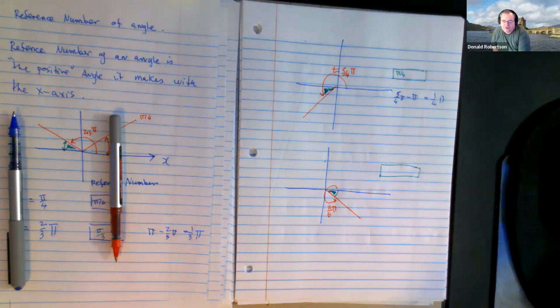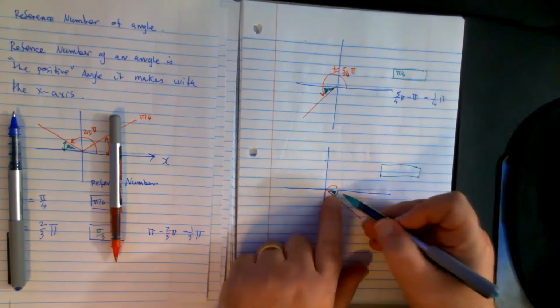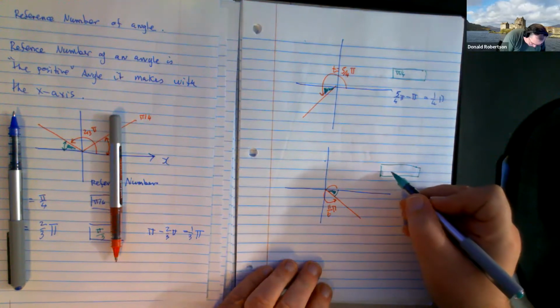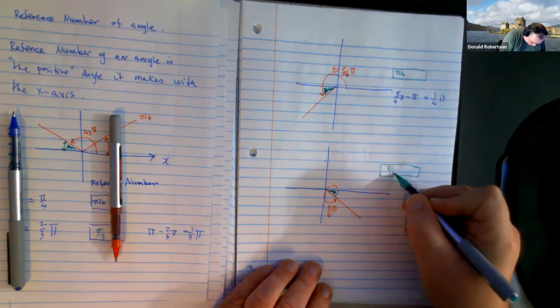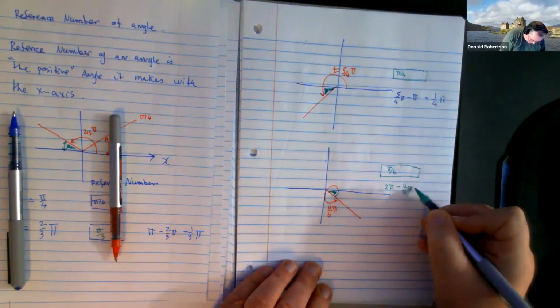Or at least could you tell me the calculation I would do to get it? Anybody got this one? It'd be pi over 6. And to get that one, don't you do 2 pi take away 11/6 pi to get pi over 6?